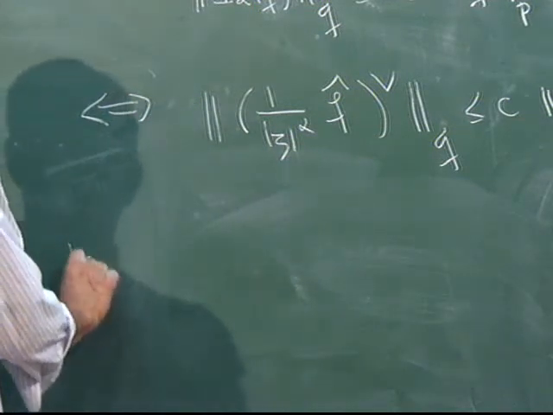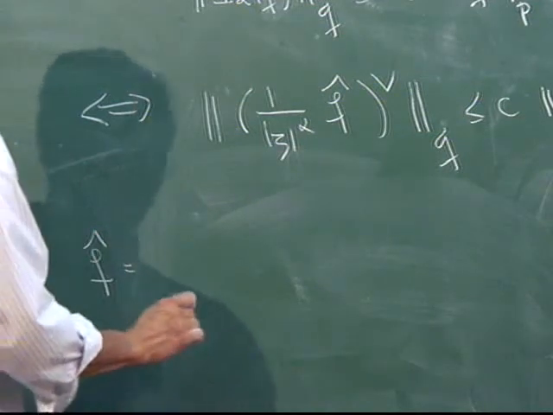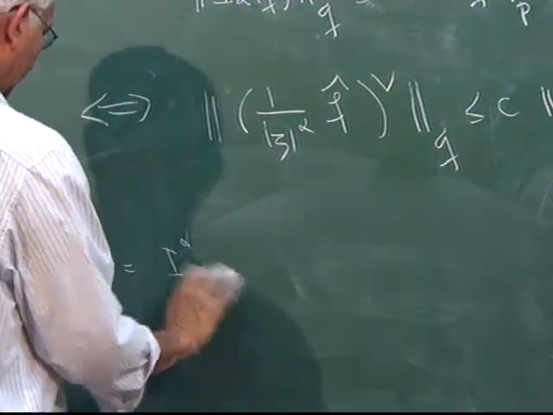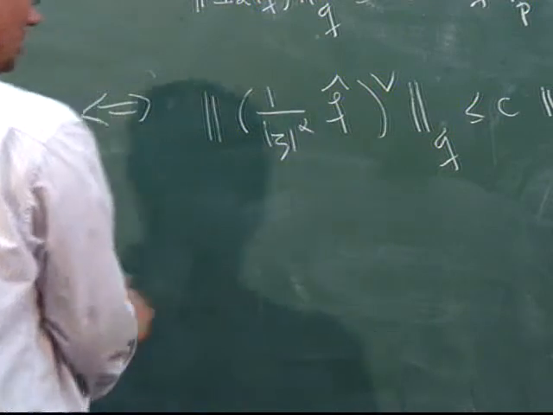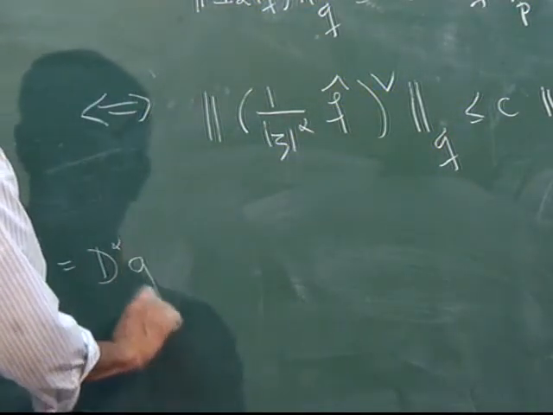Suppose I take g, I want this f to be equal to d alpha of g.